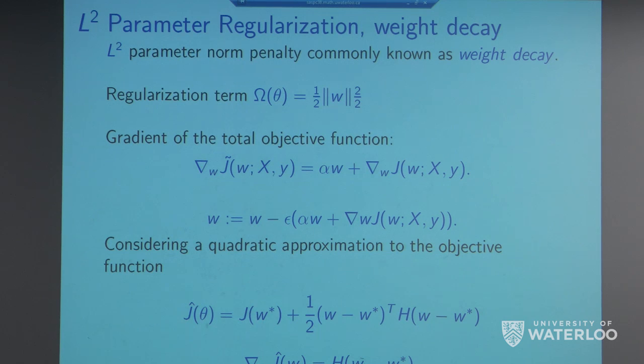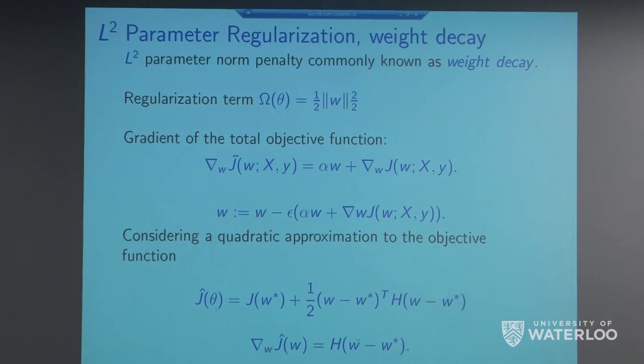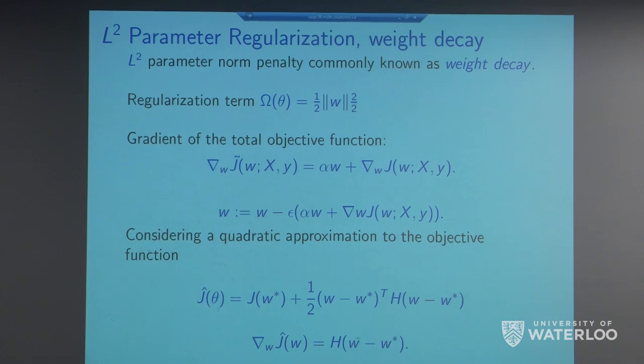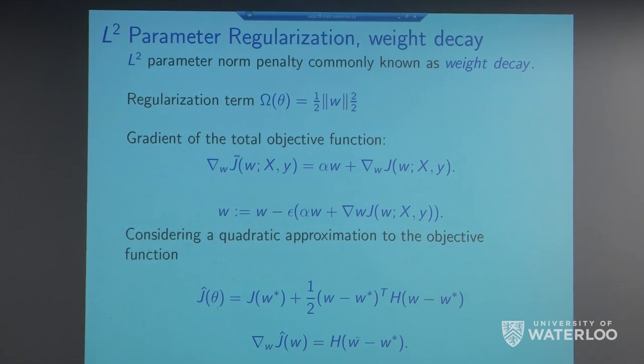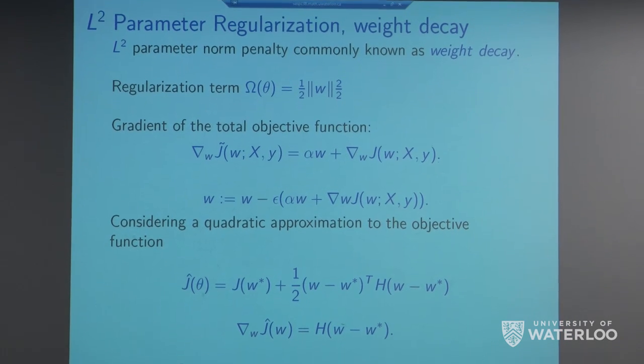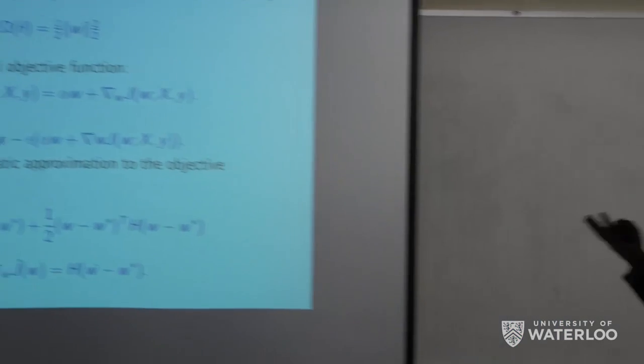The most common regularizer is the L2 norm of the parameters. Basically, you want to make sure that the parameters of the model don't get large, that they stay small, okay? You can apply it anywhere.